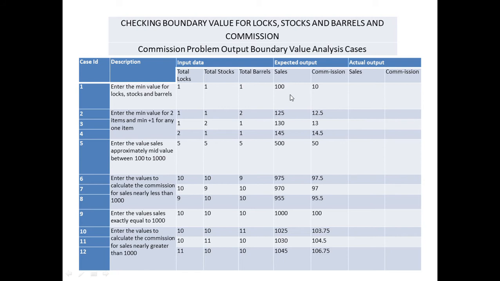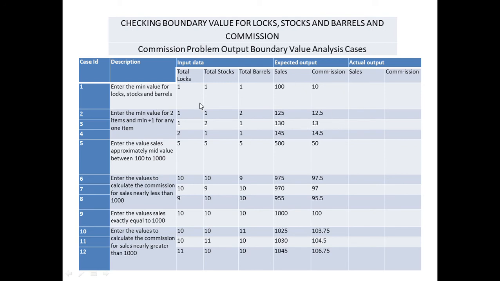You have to calculate it, and what is the commission. Next, in the second description, enter the minimum value for two items and minimum plus one value for any one item. Similarly, as I explained in the first program, for any two variables you enter the minimum value, and the minimum plus one value for the other variable. At that time, what is the sales and what is the commission? We have to calculate that and check it against the expected output.